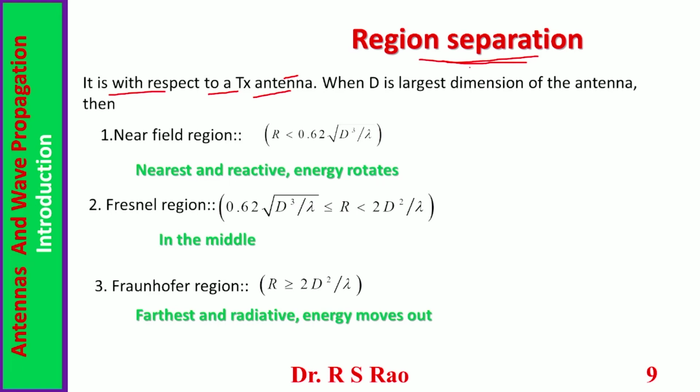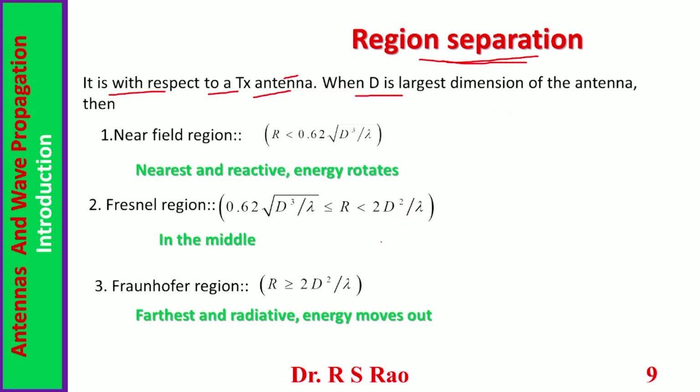As already mentioned, an antenna can be working as a transmitting antenna, it can be working as a receiving antenna too. Region separation is defined with respect to an antenna that is working as a transmitting antenna.